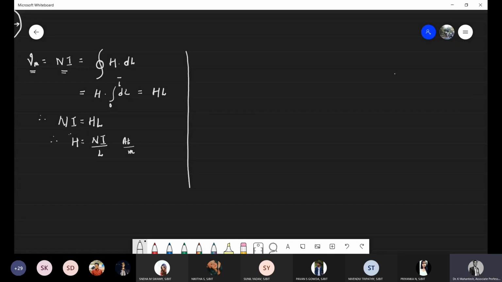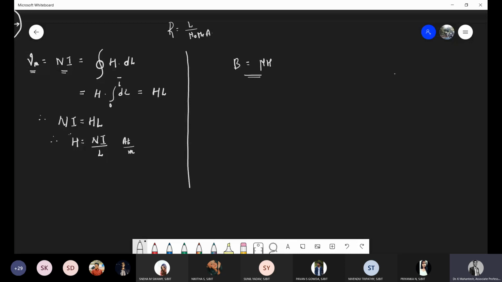So the magnetic flux density is given by B is equal to mu H. Remember what we are supposed to derive: reluctance is equal to L over mu naught mu R into area of cross section.